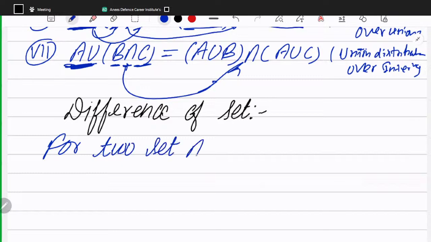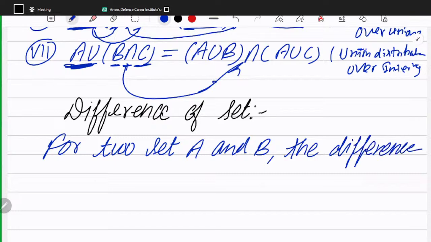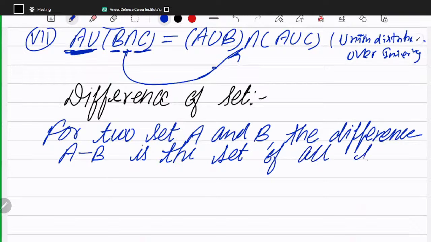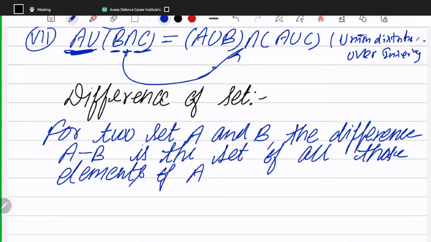For two sets capital A and capital B, the difference A minus B is the set of all those elements of A which do not belong to B.